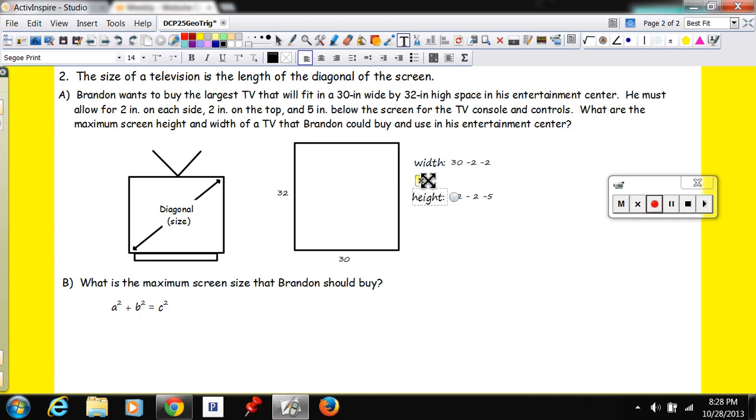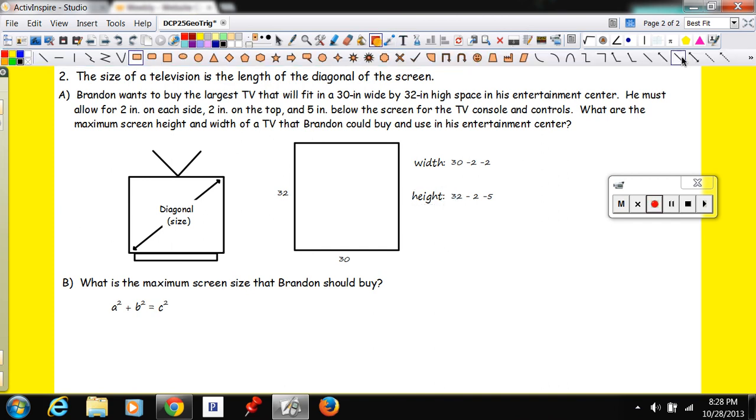You make a rectangle with that, find the diagonal and do your A squared. A squared and B squared are going to be the width and the height, and then your C squared is going to be the diagonal that you're looking for. That's going to be the screen size. The screen size is going to end up being this letter C right here. All right, there you go, guys.